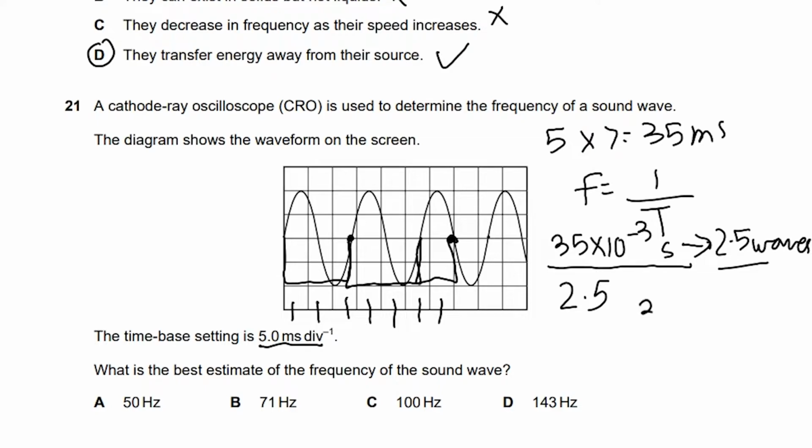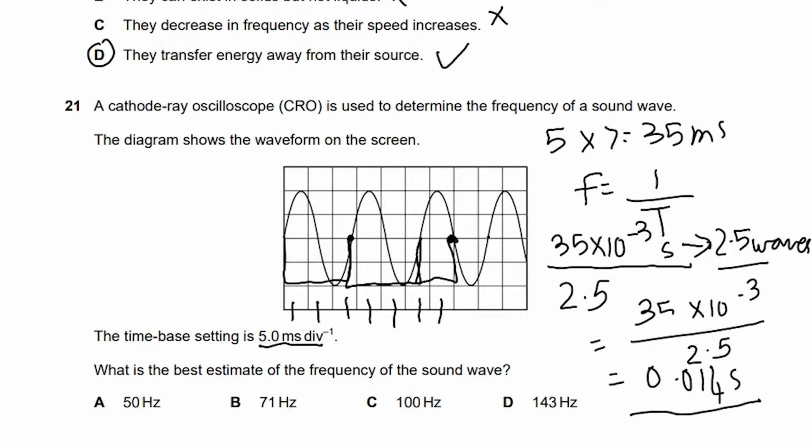Now if you divide 35 multiplied by 10 raised to the power minus 3 by 2.5, you will find out the time taken to produce one complete wave. Let's do this. The answer is 0.014 seconds. This is the time taken to produce one complete wave.